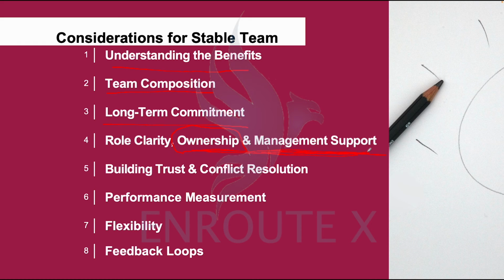2 members were part-timers. To make the matter worse, the technical lead moved to another role, and we had just 4 developers. So we were left with 3 developers, 2 part-timers, 1 other full-time developer.